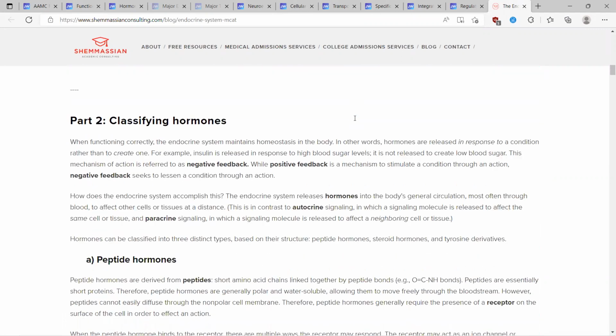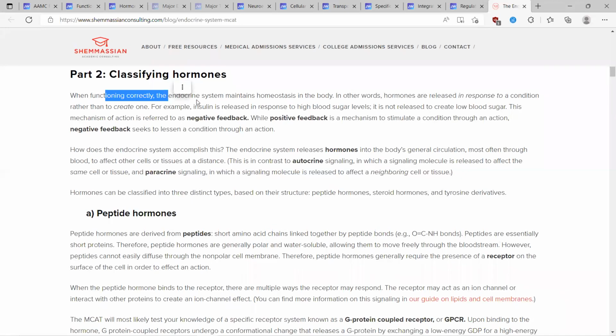So what does that mean? When functioning correctly, the endocrine system maintains homeostasis. This is the key of the endocrine system. Everything that the endocrine system does is to try to return an out of balance state back to normal conditions. A very common example is insulin, right? Everybody has at least heard of insulin, and we know that diabetics need insulin. Why do they need insulin?